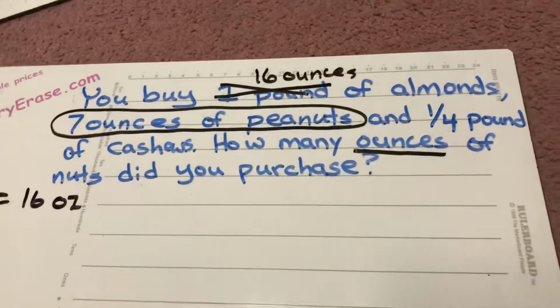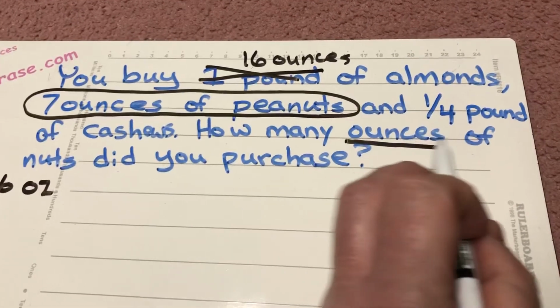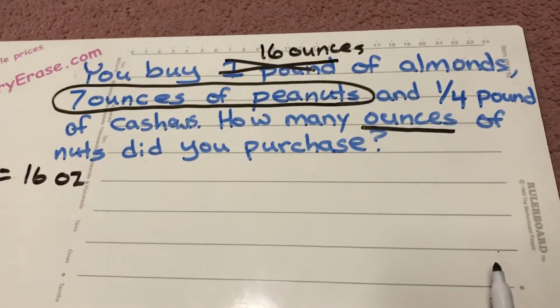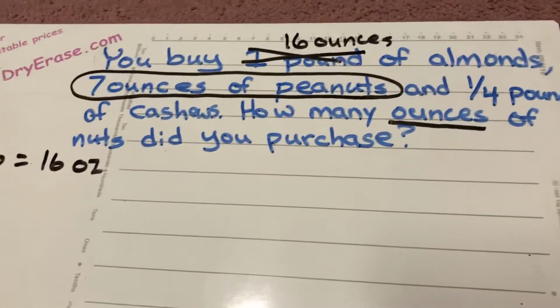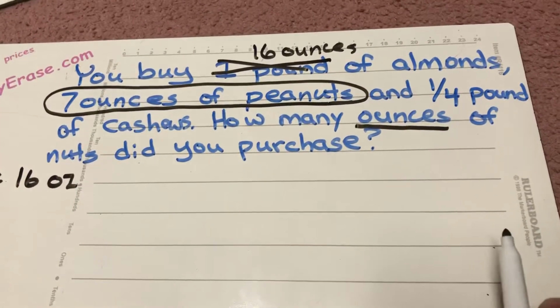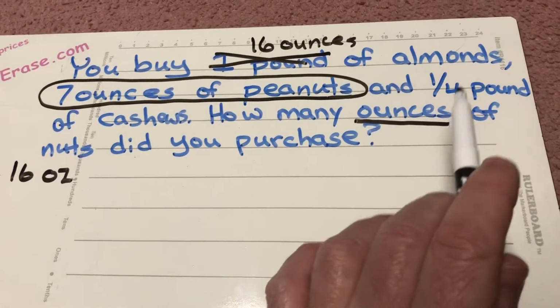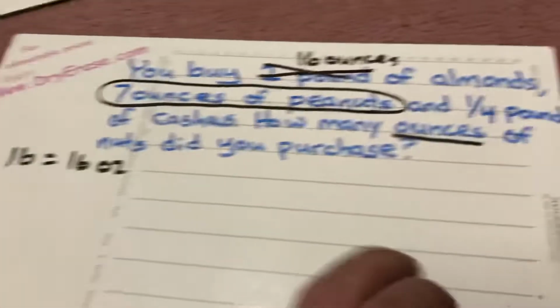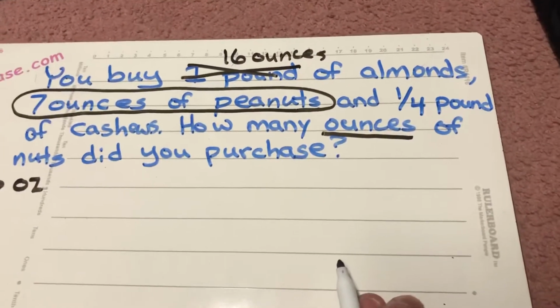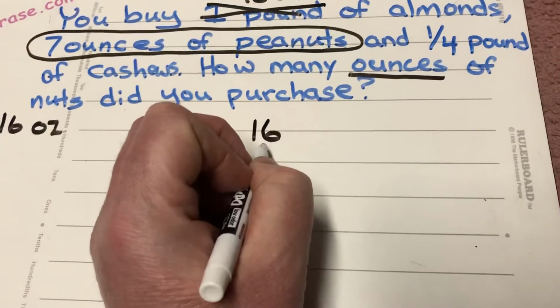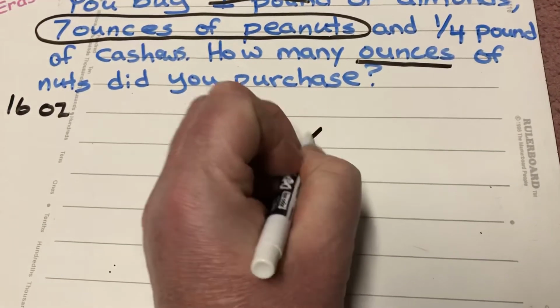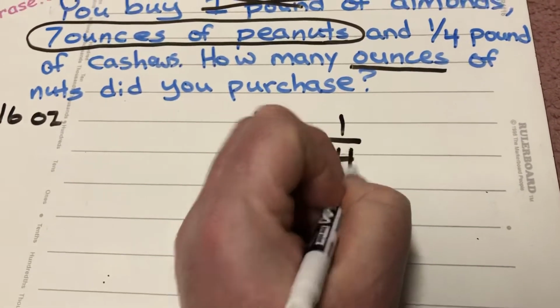So far, so good. The other thing we have to deal with is this 1/4 pound of cashews. Well, if I want to figure out what 1/4 of something is, remember there's two things I can do. I know that 16 ounces make a pound, but if I have 1/4 of a pound and I need to convert that to ounces, I can do 16 over 1 times 1 over 4.